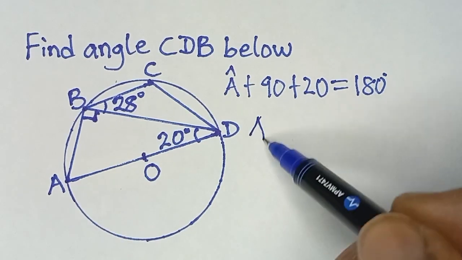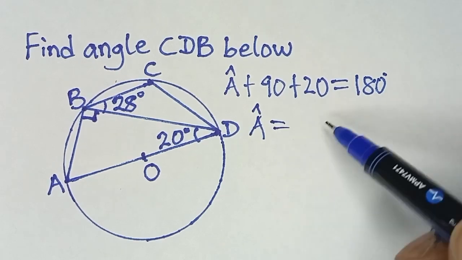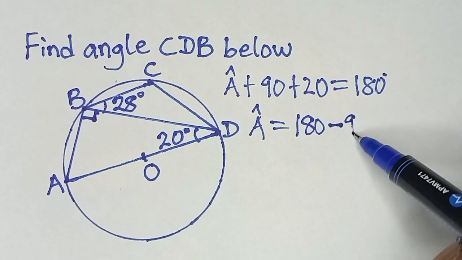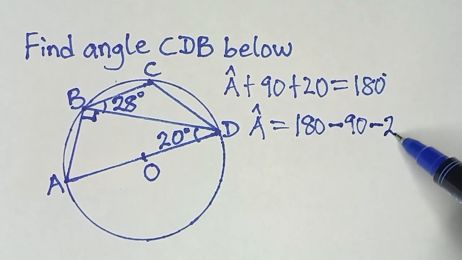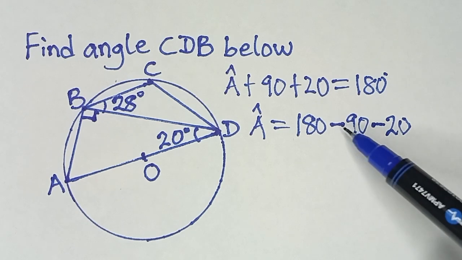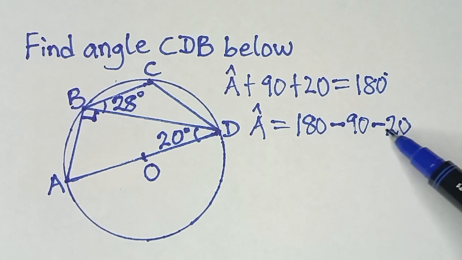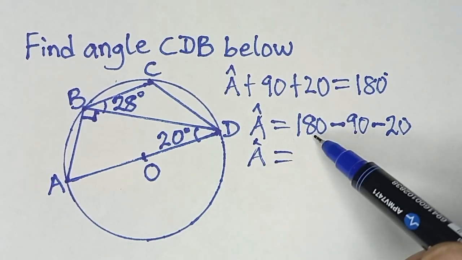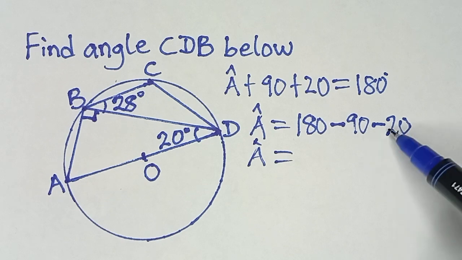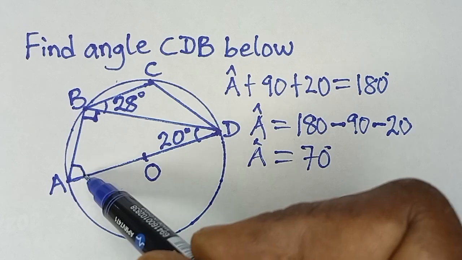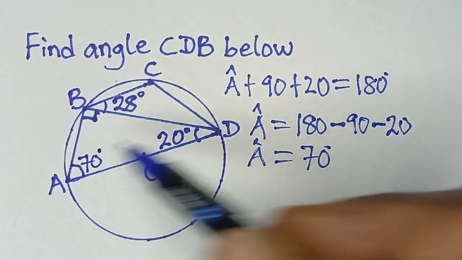So angle A becomes 180 minus 90 minus 20. When this 90 and 20 come to this side, their signs change from positive to negative. So angle A is equal to 180 minus 90 is 90, 90 minus 20 is 70 degrees. So that means this angle here is 70 degrees.